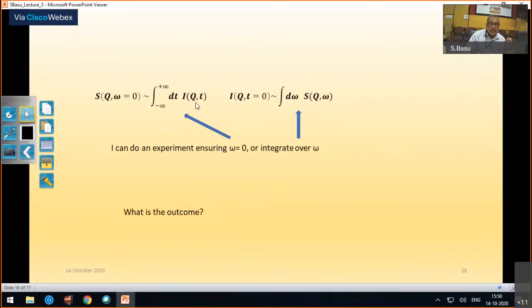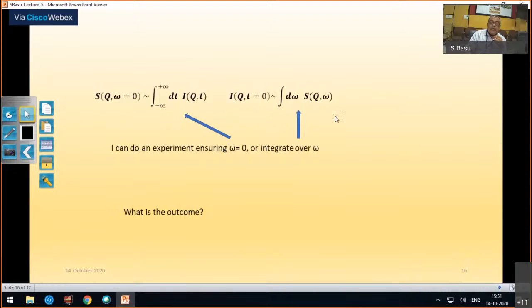So this is a time integral of the intermediate scattering function or the structure. On the other hand, if I write I of q, t equal to 0, because then it was e to the power i omega t d omega, again t equal to 0, e to the power minus i omega t disappears. It is an integral over omega. So this is an integral over energy of S of q,omega.